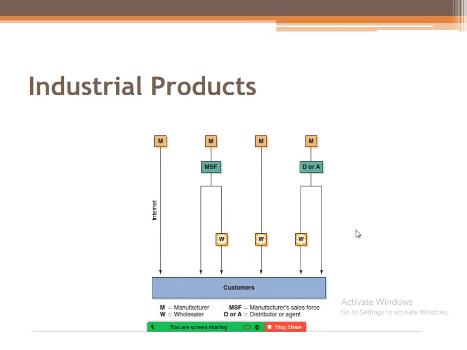As is true with the consumer products or consumer channels, the product and consumer characteristics have an impact on the channel structure. Three basic elements are involved here. One is the manufacturer sales force, then distribution agents or distributor or agent, that is D or A written in the figure.